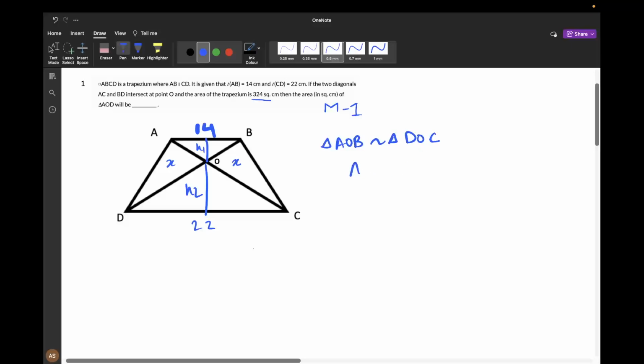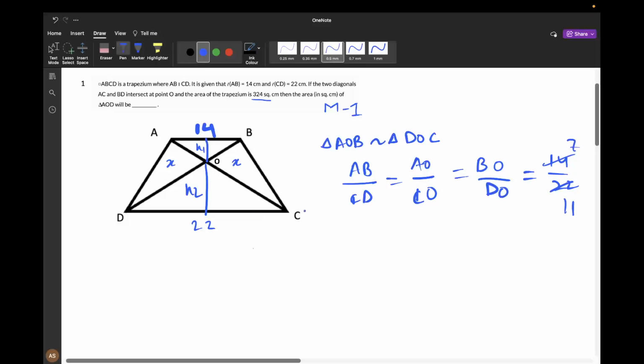That means AB by CD is equal to AO by CO, which is equal to BO by DO. That means all are equal to 14 by 22, that is 7 by 11. Now, we know the area of the entire trapezium is 324 centimeters square.